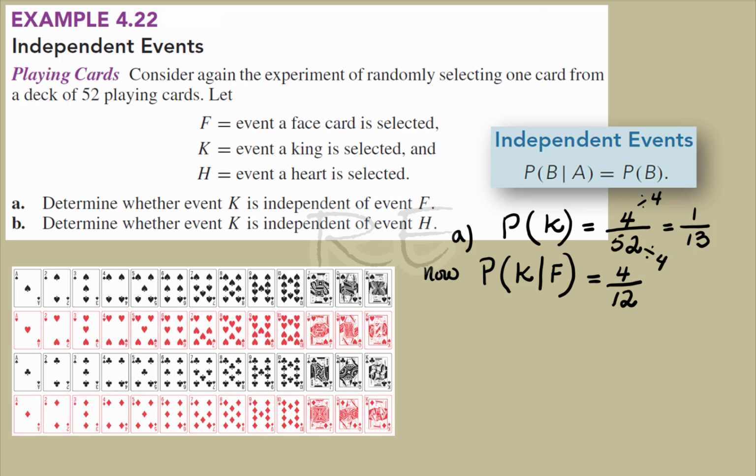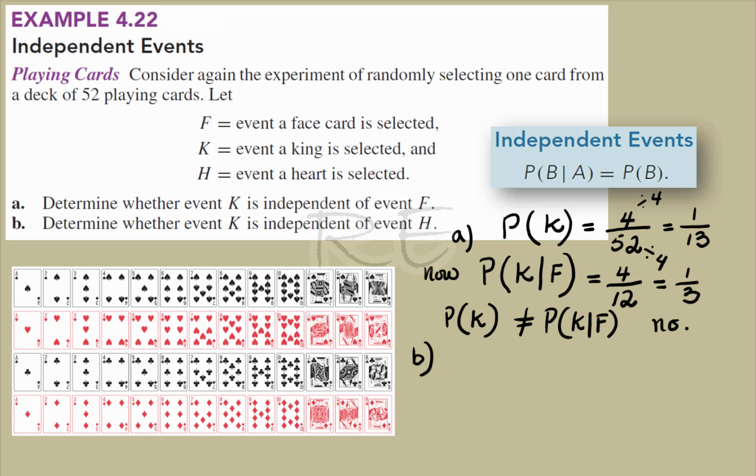When we simplify it by 4, it's going to be 1 over 3, 1/3. And obviously 1/3 is different from 1/13. Therefore, P of K is different from P of K given F. These events are not independent.